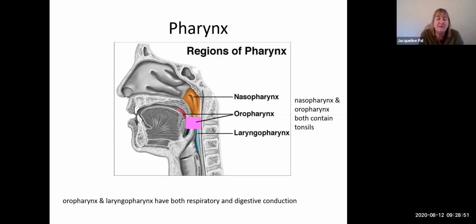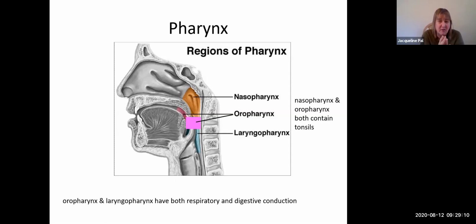Now, the oropharynx and the laryngopharynx not only are going to bring air that you have inhaled through your nose down towards your larynx, but food which you ingest goes through the oropharynx and laryngopharynx before it goes into the esophagus.